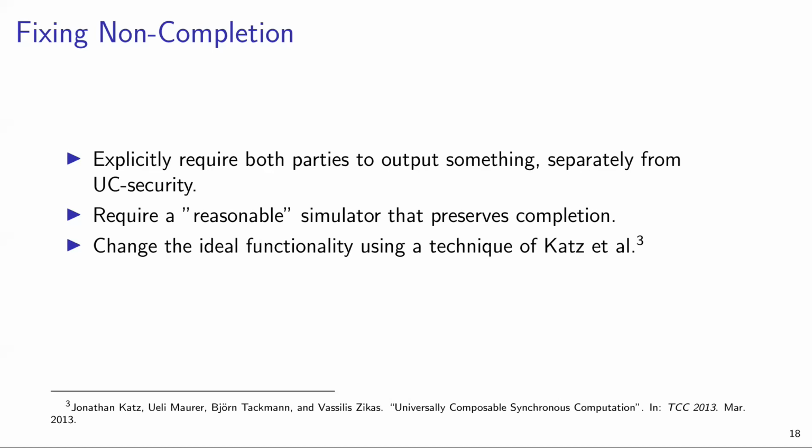And for the three-party PAKE model, it's a bit more complicated, but it is possible to fix it using a technique from a paper by Katz et al. that shows how to model synchronous computation in UC.